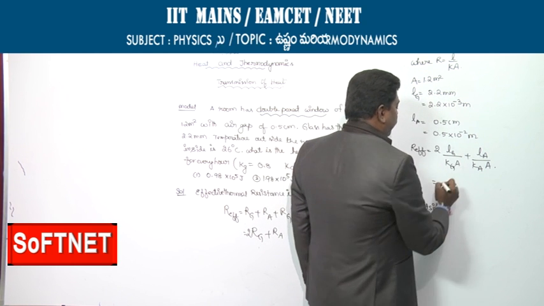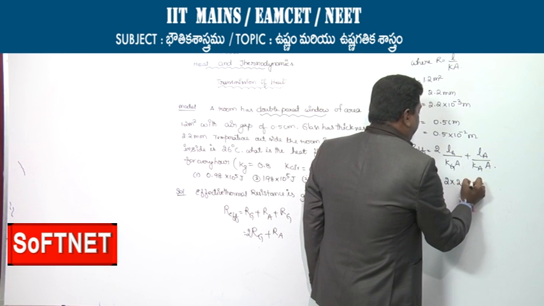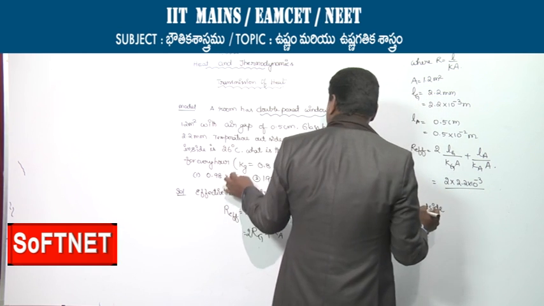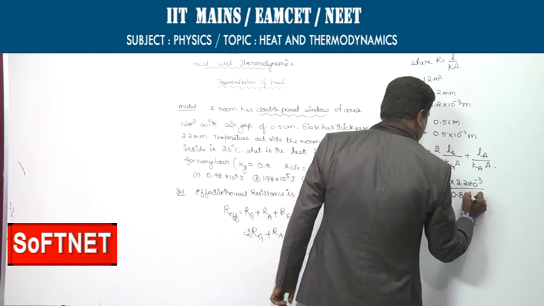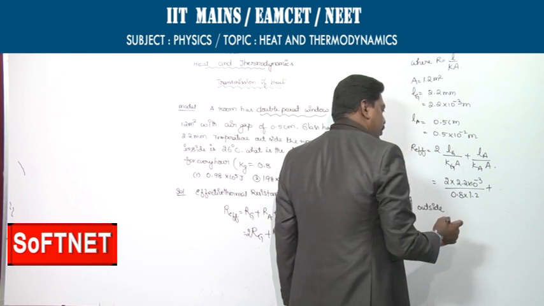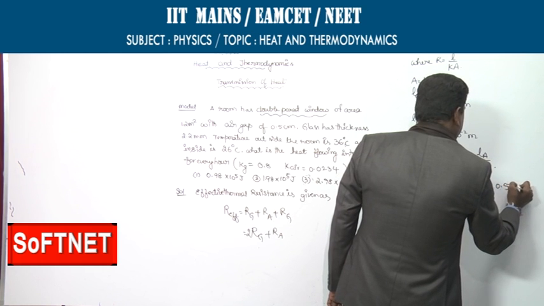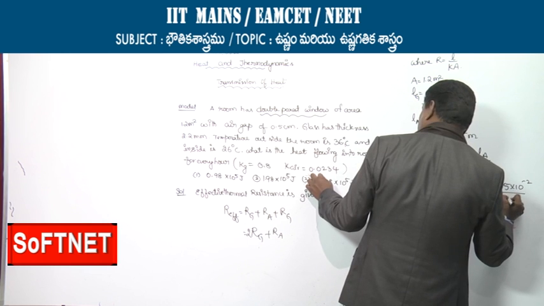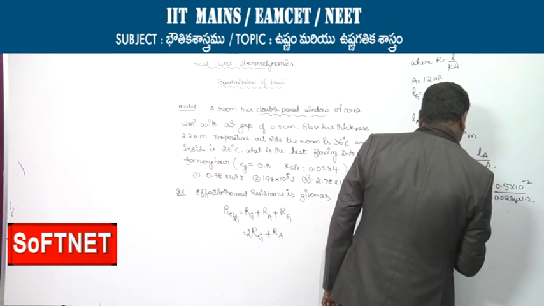Substituting the values, we have 2 into 2.2 into 10 to the power of minus 3 divided by 0.8 into 1.2, plus 0.5 into 10 power minus 2 divided by 0.0234 into 1.2.